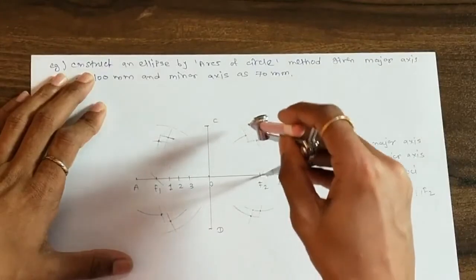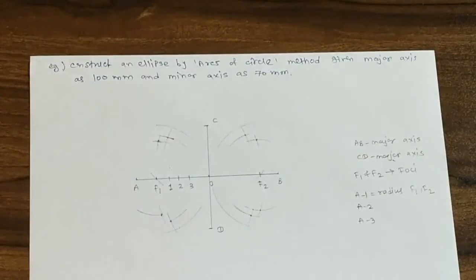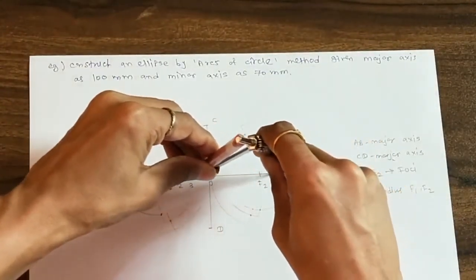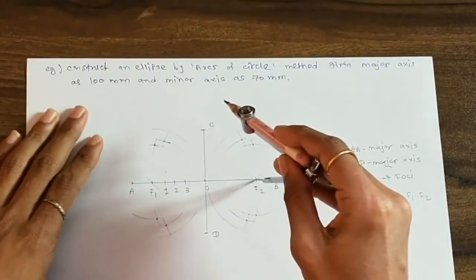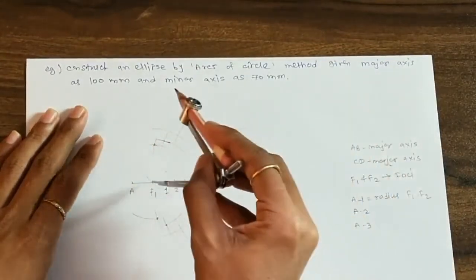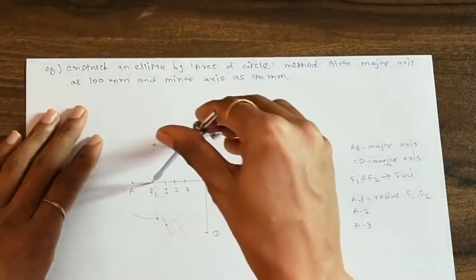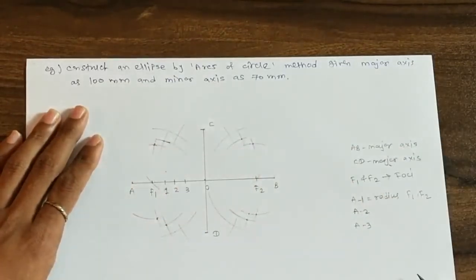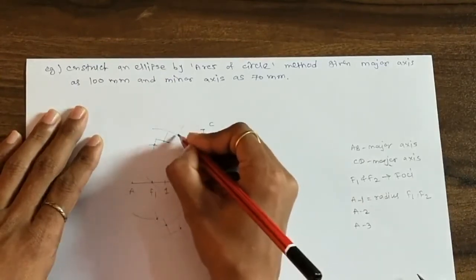Similarly, with the same distance, F2 as center. Now take B3 as distance and F2 as center. With the same radius and taking F1 as center, draw arcs cutting the previously drawn arcs. Here we have again got 4 points.